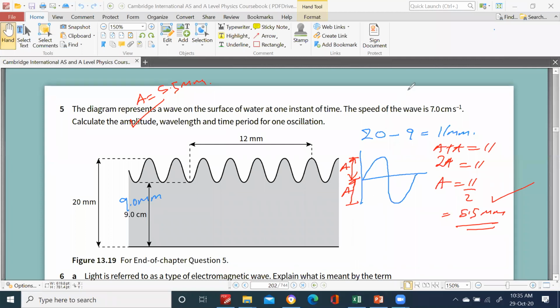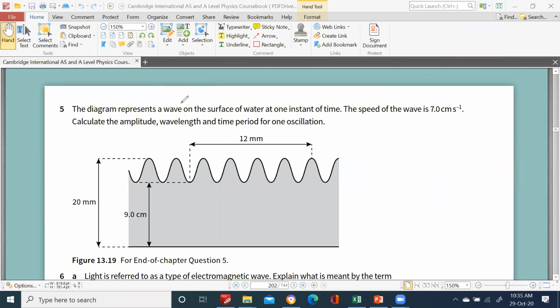Can I try? Yes. So they're asking for the wavelength, and here we have the 12 millimeters marked. I think we should first count how many complete cycles there are. From this trough to this one, that is 1.